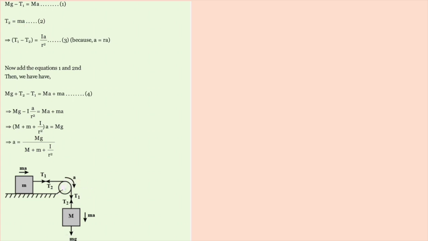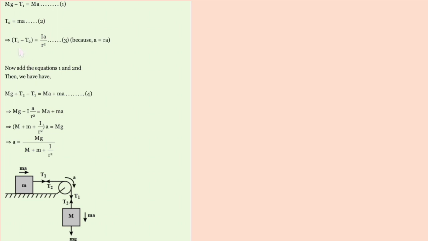Now you have to find the free body diagram of this pulley. It will become T1 minus T2 is equal to Ia by R square. I know you will be confused why this happens, so if you want to know why, then comment in the comment section. I will come up with a video in which I illustrate why you can use this formula. For now, simply understand that because this pulley has some mass, the net force acting on it will be only T1 and T2, that is the tension in the string.